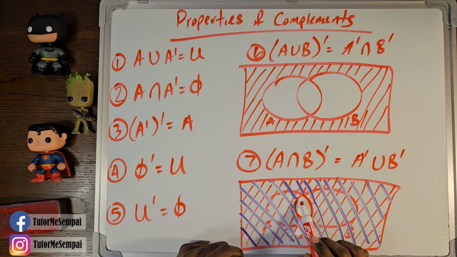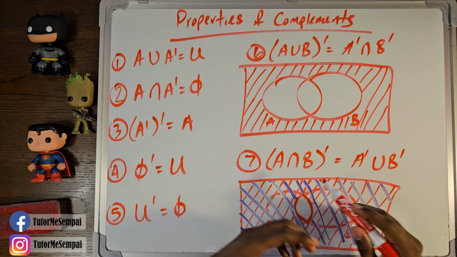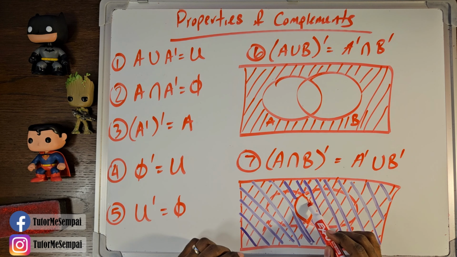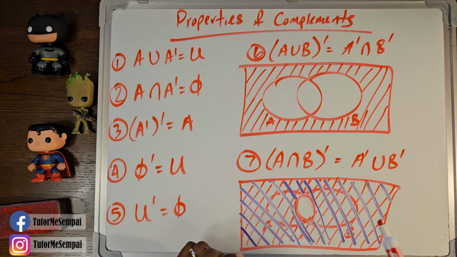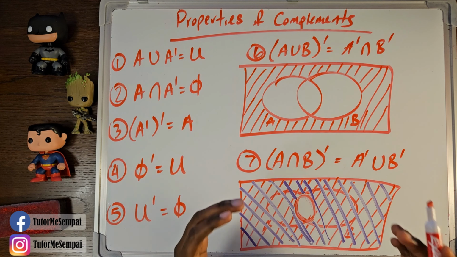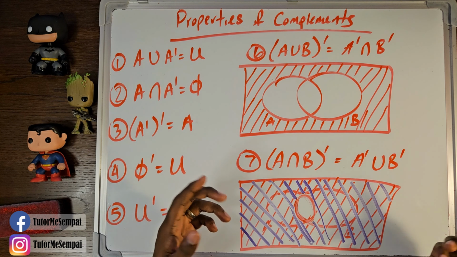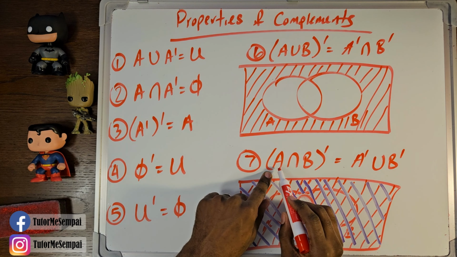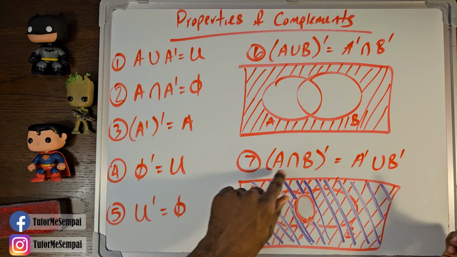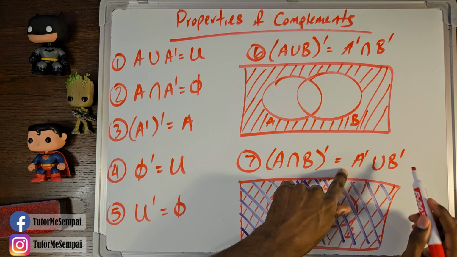Notice both of those exclude this area here. So the only thing that's not shaded out of this entire picture is this intersection section there. This lets us know that in fact, A intersect B complement is going to be A complement union B complement.